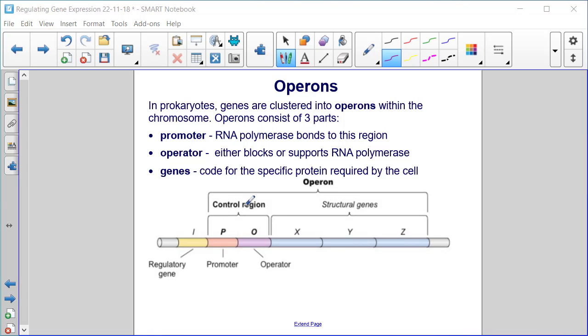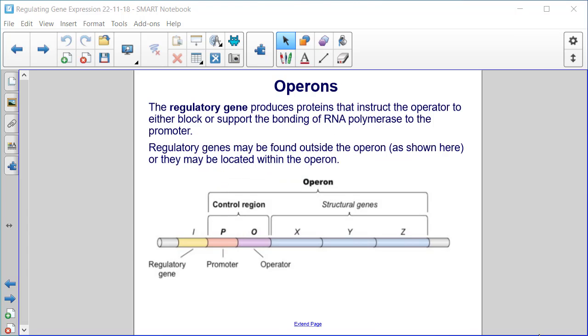So you can see this control region consisting of the promoter and the operator, and then the structural genes here. Both of these together make up the operon. The regulatory gene produces proteins that instruct the operator to either block or support the binding of RNA polymerase to the promoter. Regulatory genes may be found outside the operon, as shown here, or they may be located within the operon.